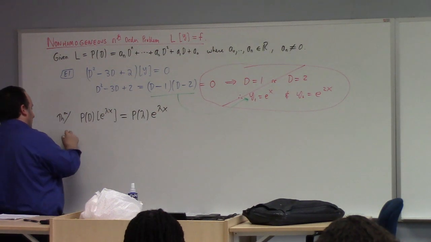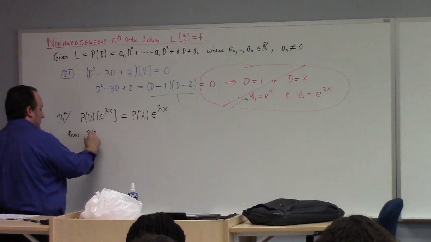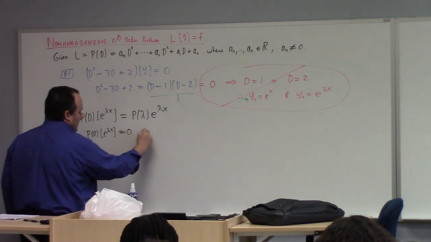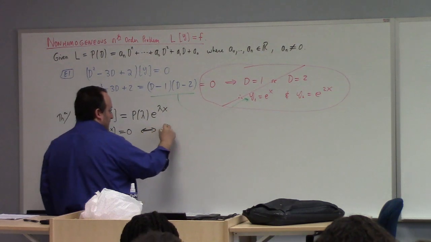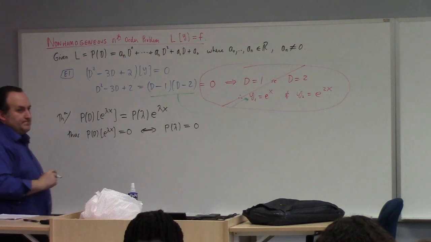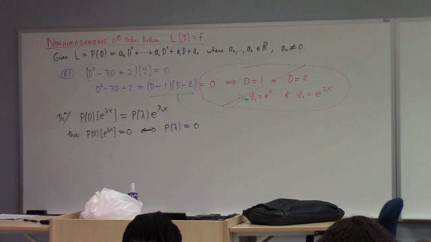Thus, p of D acting on e to the lambda x equals 0 is true if and only if p of lambda is actually equal to 0. So I can trade my polynomial in the differentiation operator for a corresponding polynomial in lambda.